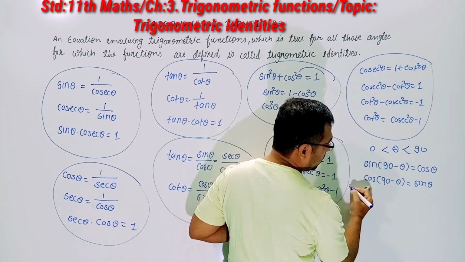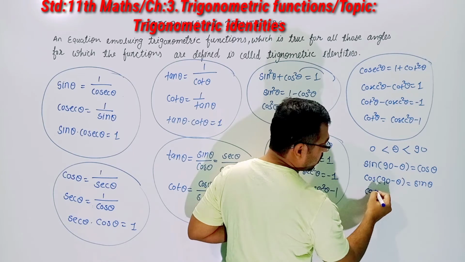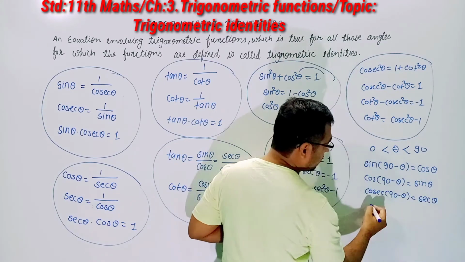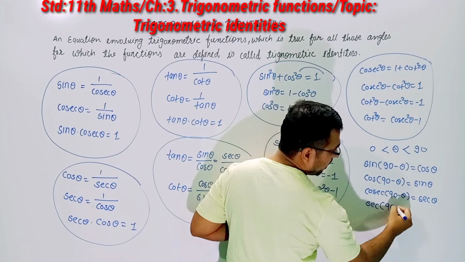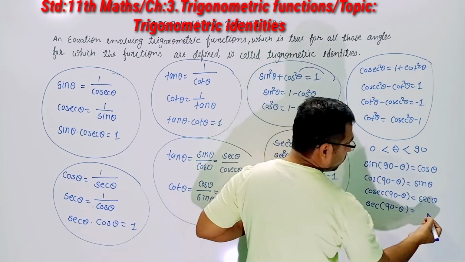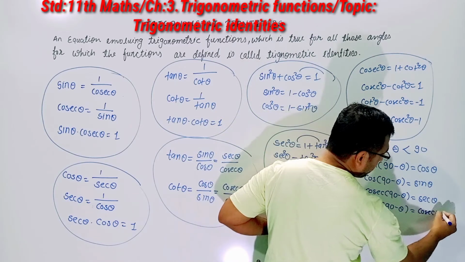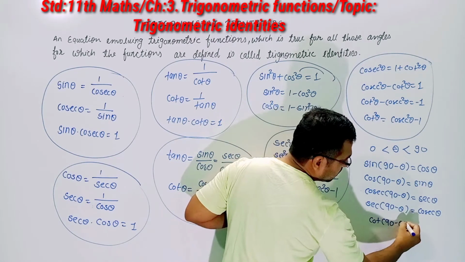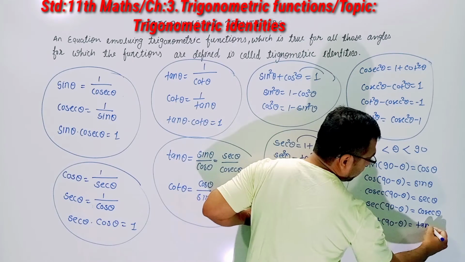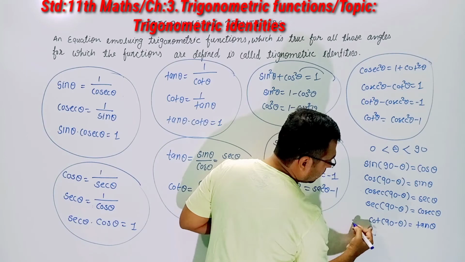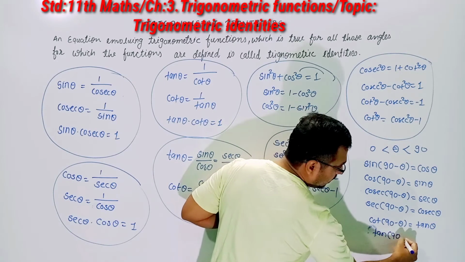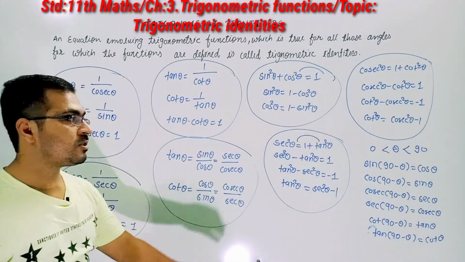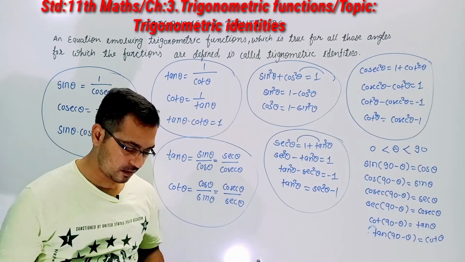Similarly, cosec 90 minus theta is sec theta, sec 90 minus theta is cosec theta, cot 90 minus theta is tan theta, and tan 90 minus theta is cot theta. Students, all these things we have studied in standard 10th.